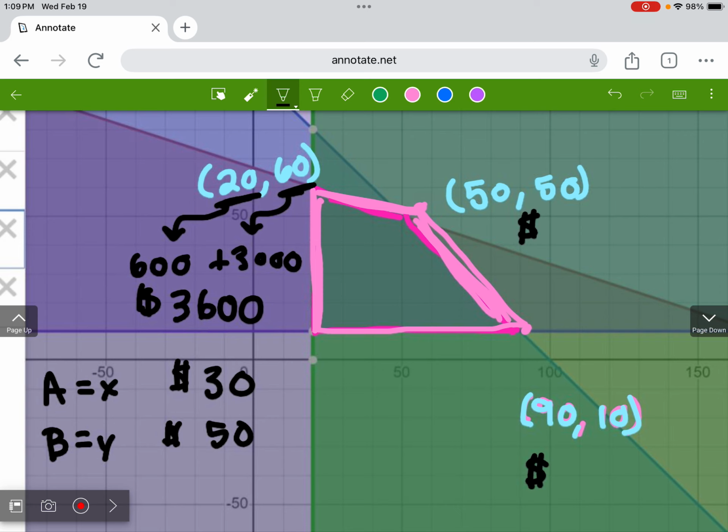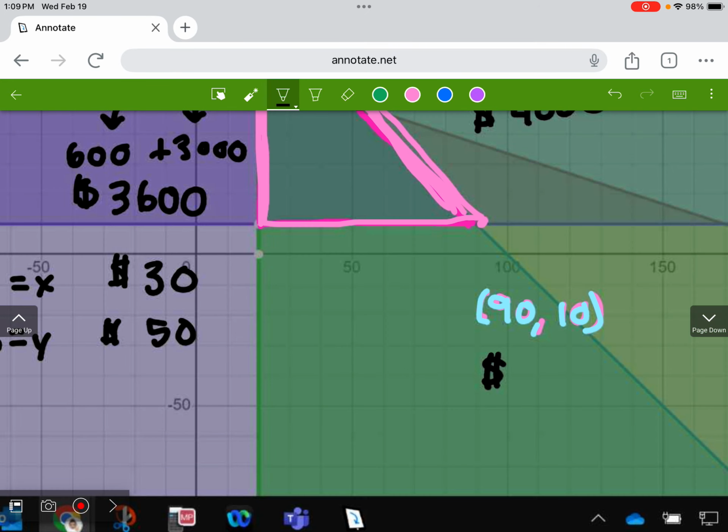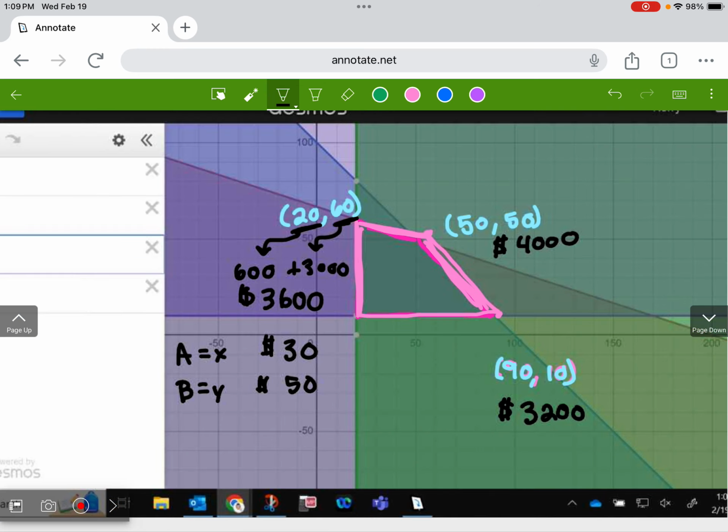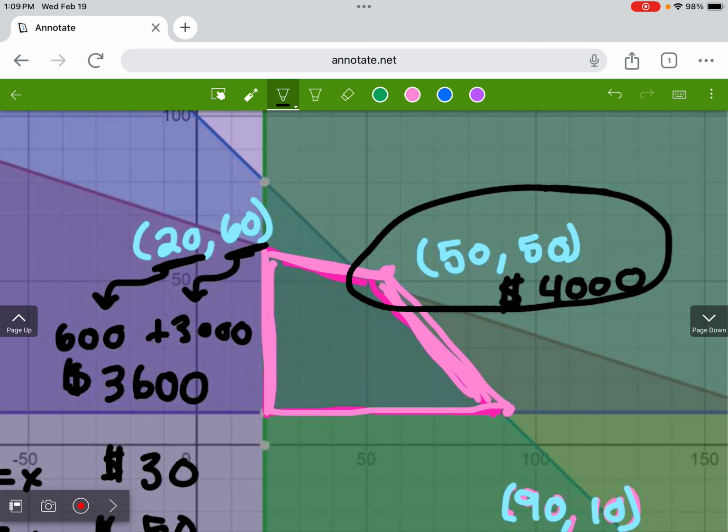What do we get for the profit on our 50-50? That makes $4,000. For our 90-10? $3,200. So which set of packages gets us the most money? If I can manage to sell 50 of package A and 50 of package B, that's where we're going to get our most profit.